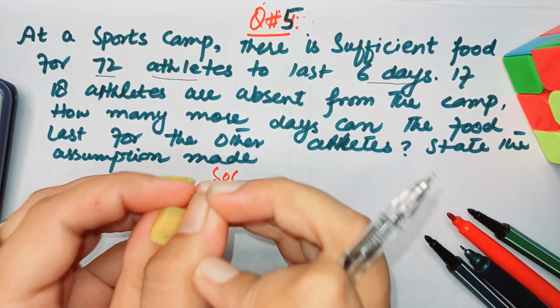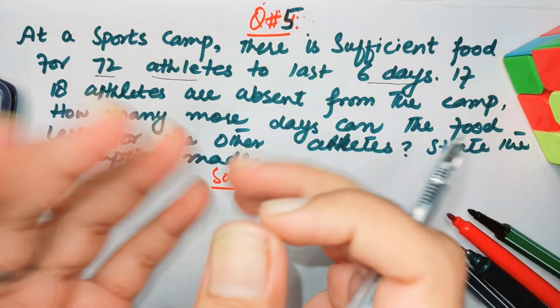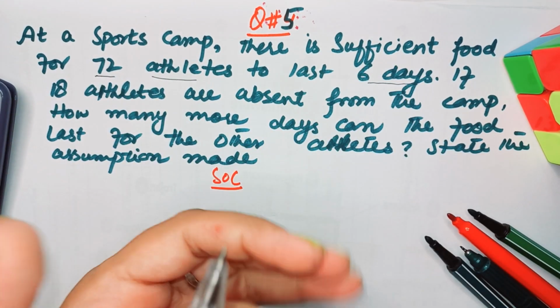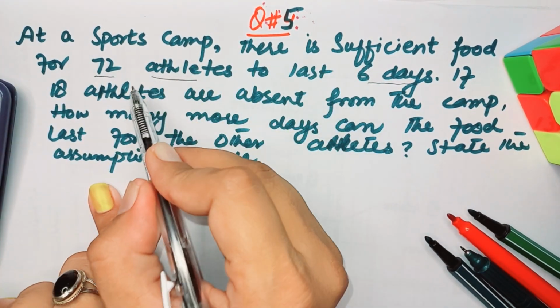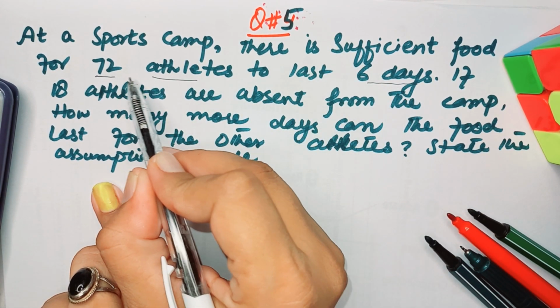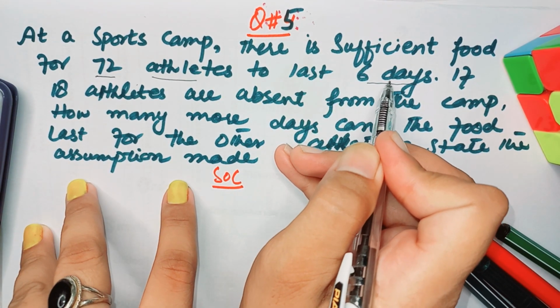First of all, students, you have to identify the quantities, that how many quantities do we have? What are those quantities? So here we have 2 quantities, athletes and days. We have 72 athletes and they have a sufficient food for 6 days.